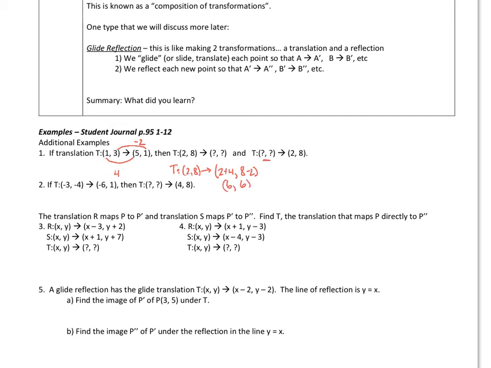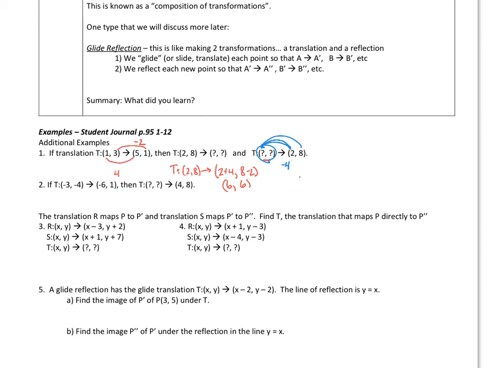Now, to do the next question, let's do it in a different color. What maps to (2, 8)? Well, remember, I added 4, so now I'm going backwards. I'm going from 2 back to where I was, so I'm going to subtract 4.